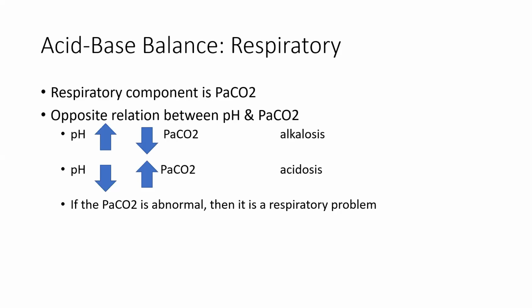If you have an elevated pH, we expect the CO2 level to be down. So in a respiratory alkalosis state, you would see these numbers move in opposite directions of one another. A high pH, you would expect to see a lower CO2 level. The exact opposite, when the pH is low, we anticipate a higher CO2 level, and that would be an acidosis kind of state.